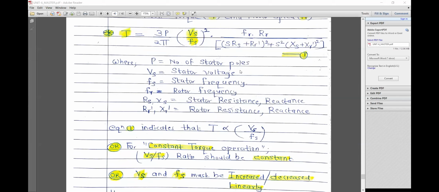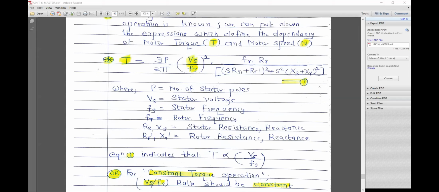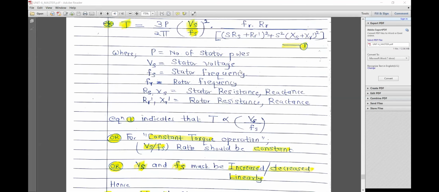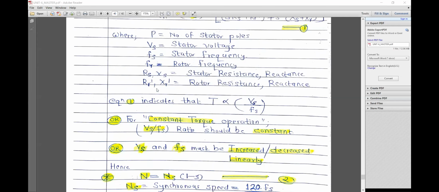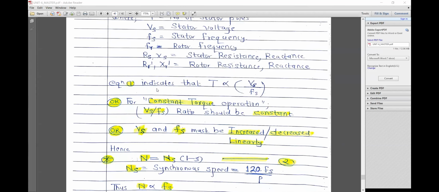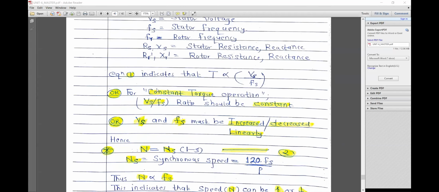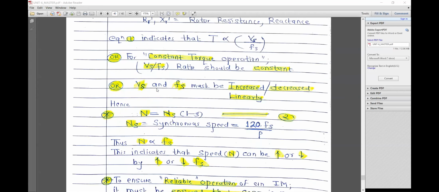In this equation, the number of poles is constant, and all other parameters like Rs, Rr, Xs, Xr are related to the geometric construction of the motor, so these are all constants. That is why for constant torque operation, the Vs upon Fs ratio should remain constant. Is it clear?